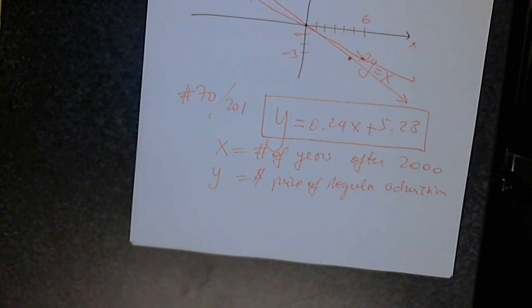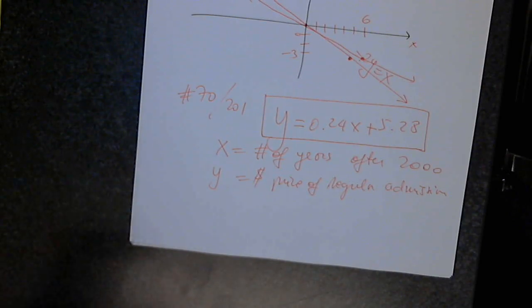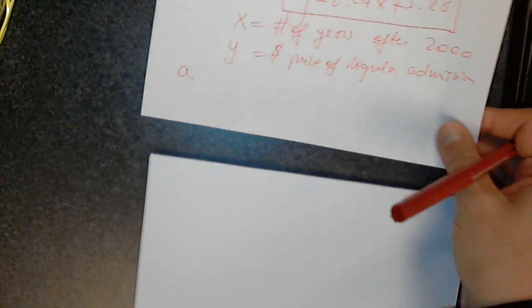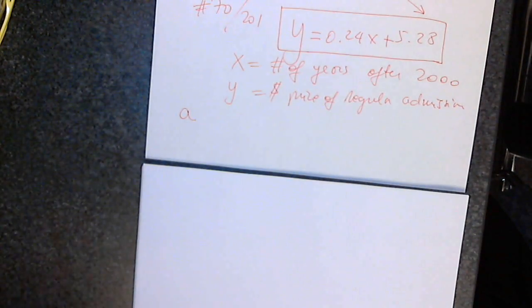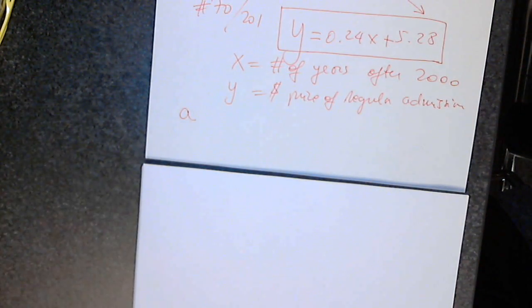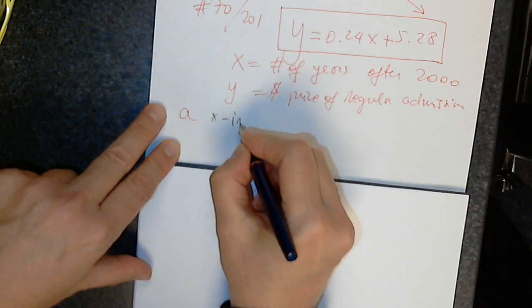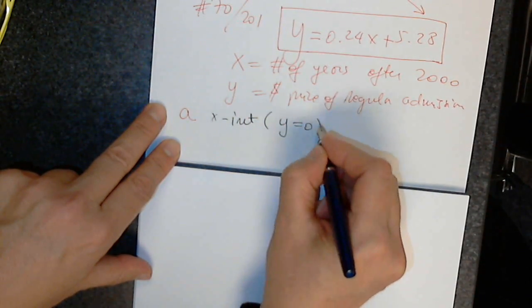Let's see what they want from us. Part A. Find the x-intercept of this equation. How do I find the x-intercept? Very good. For the x-intercept, I have to set y equal to 0.